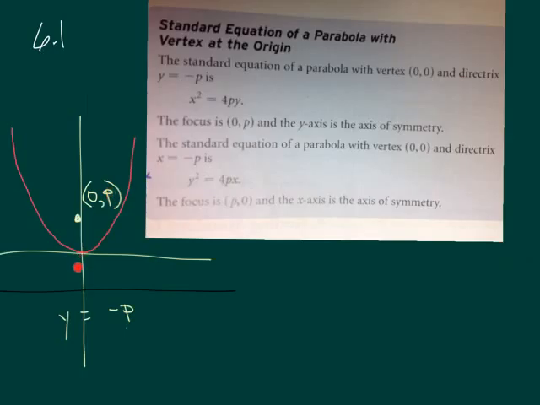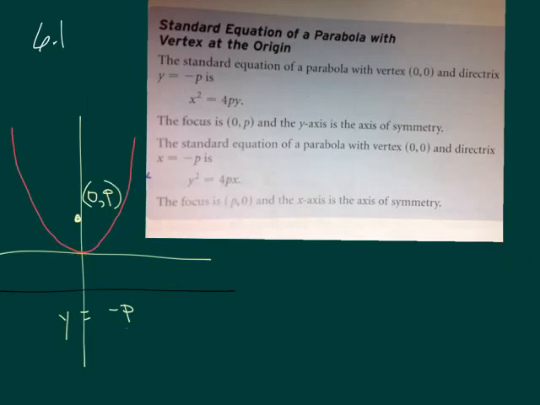The p represents the distance from the origin to my focus, and from the origin to my directrix, and the origin is my vertex. So this distance from here to here is the same as the distance from here to here. It's just that one went in a positive way, one went in a negative way. And again, the vertex is the midpoint.